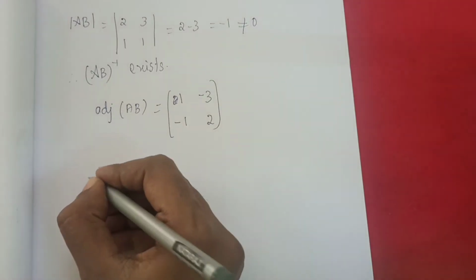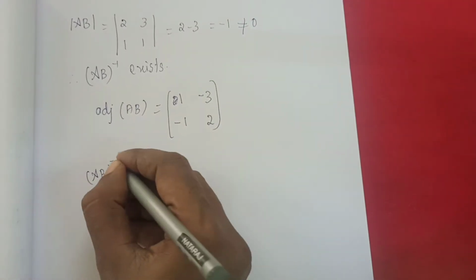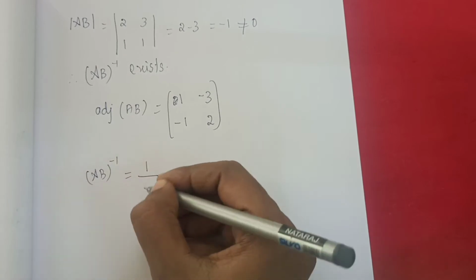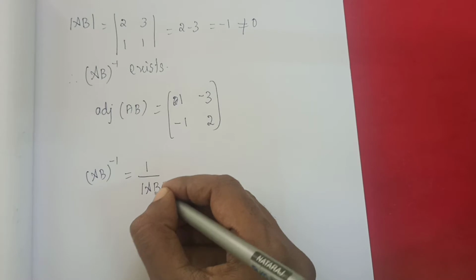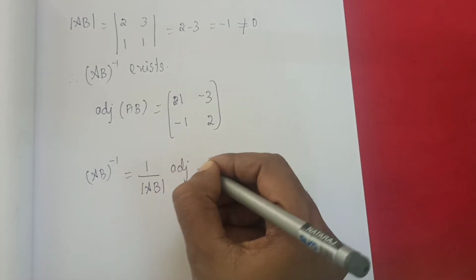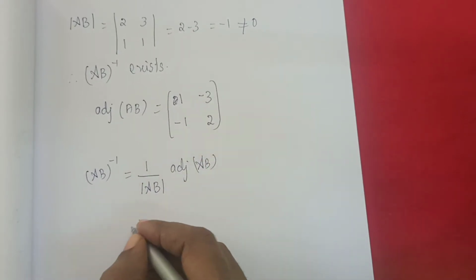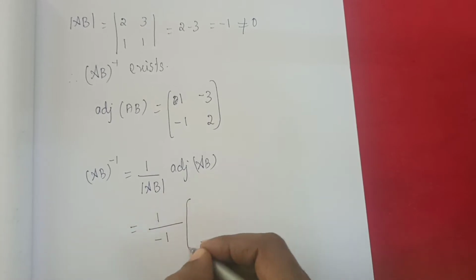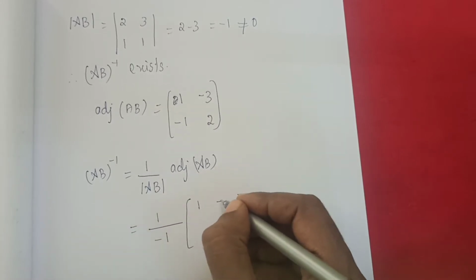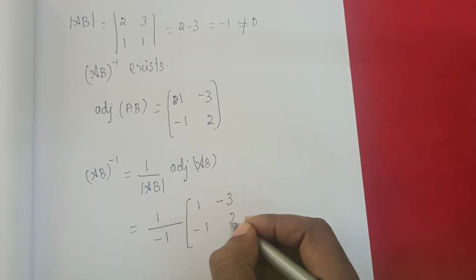Then, how will the formula be for (AB) inverse? 1 by determinant of A, in the place of A here it is AB. So, 1 by determinant of AB into adjoint of AB. That's equal to 1 by minus 1 into [1, -3; -1, 2].